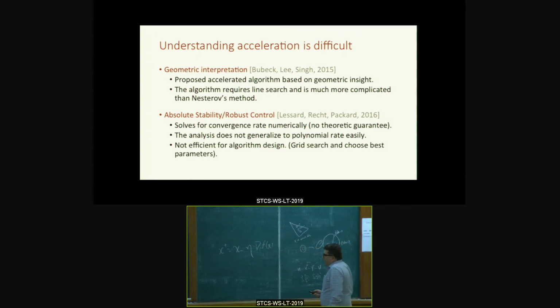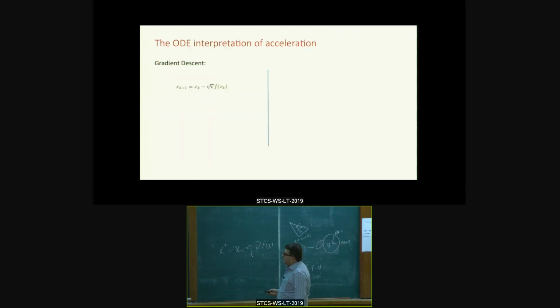Okay. So the question is, what can we say about this? Recently, there's been a lot of focus on understanding the ODE representation of it. So let's see where the difficulty comes from. So this is the gradient descent. We said, you take the function, some step times the gradient. Of course, it's not a surprise, if you send the step size to 0, then you get this gradient dynamics.